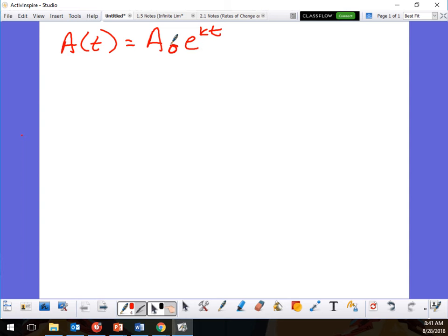No, A sub naught is referred to as your initial amount, because it's to the first, like how it's referring to your terms. I remember it from physics. And if you have A sub n, that would be the nth term. Does that make sense? Yes.